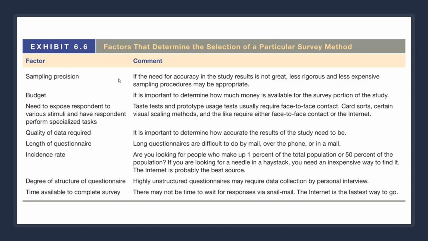Let me give you a concrete example. If your sampling precision is plus or minus 3 percentage points, that basically means the numbers could swing across a range of 6 points. In an election, 6 points is a big deal.